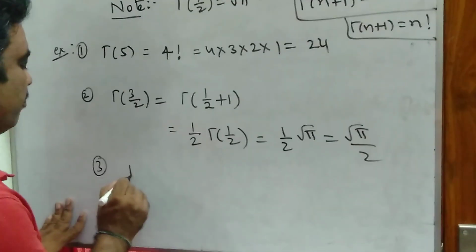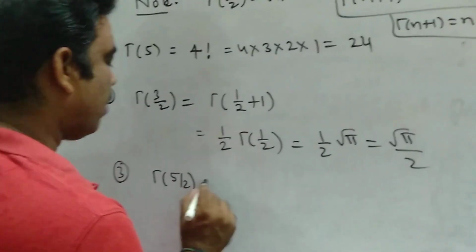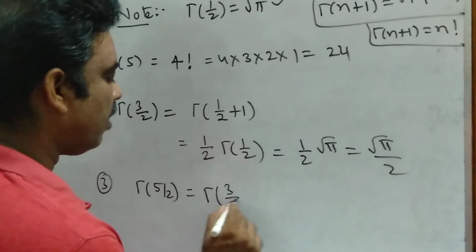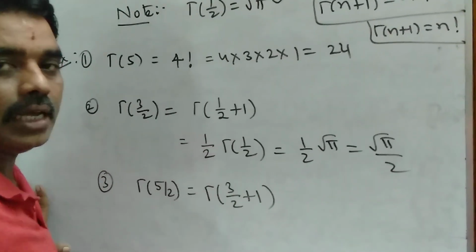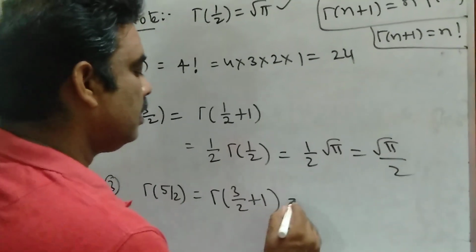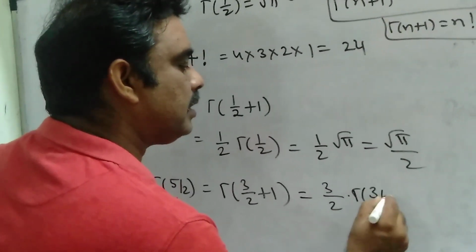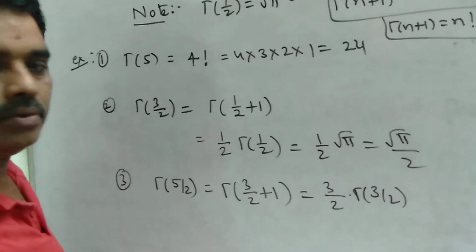Similarly, I can find gamma of 5 by 2 also. So how can you find gamma of 5 by 2? Gamma of 3 by 2 plus 1. 5 by 2 can be expressed in n plus 1 notation as 3 by 2 plus 1. So gamma of n plus 1 is n into gamma of n. That means 3 by 2 into gamma of 3 by 2.